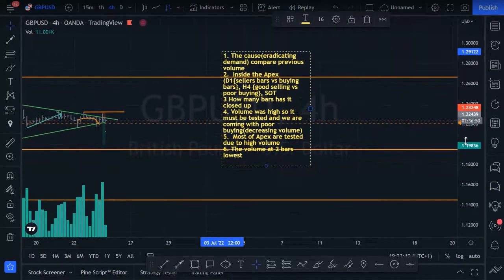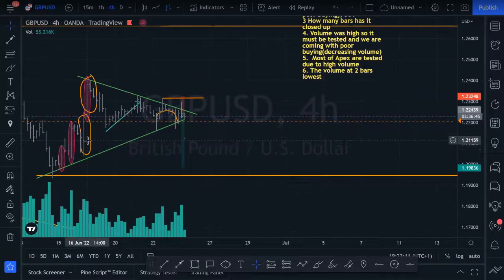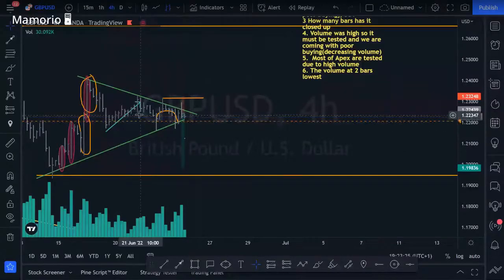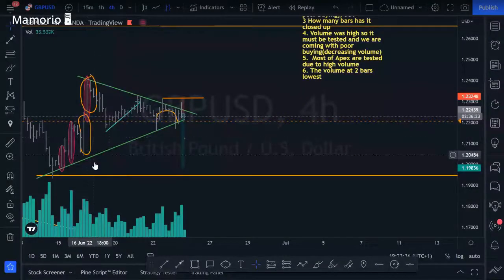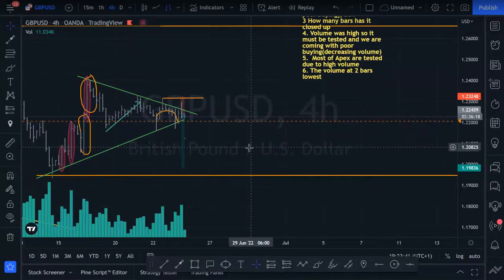In this area you can see we had some popping volume, 55K. That's why we're trying to test it. We have 52 to 47. The volume has decreased.